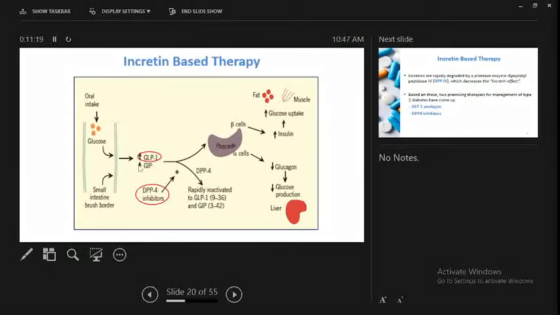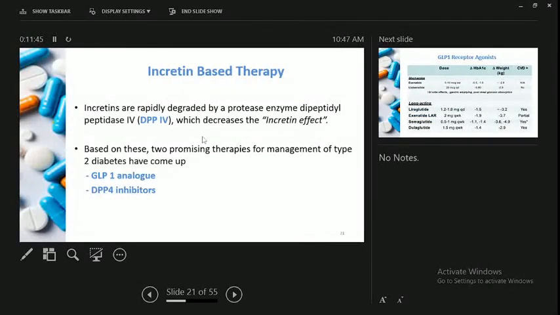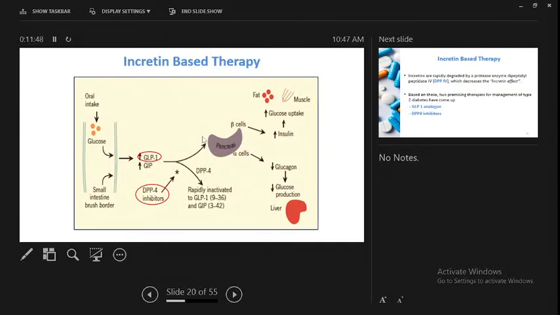If you look at the circle, GLP-1 and GIP are the two incretins which occur naturally in our body, which increase in response to the oral intake of glucose, and their action is to increase insulin secretion by the pancreatic beta cells, thereby increasing glucose uptake by the muscle cells and reducing the blood glucose level. And also it reduces the glucagon secretion, thereby reducing the glucose production by the liver.